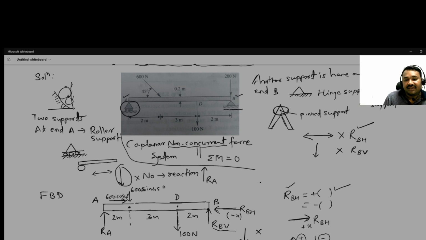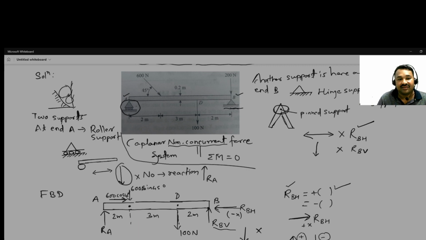So in this way we have removed the supports and in place of that we have represented the force in terms of RA, RB H and RBV, and also there was only one inclined force which is resolved. Okay.